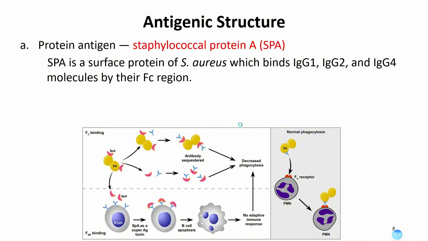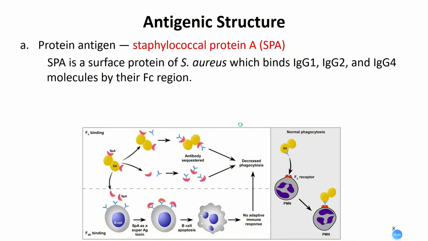And we learned before that this protein is able to bind to the Fc region of IgG1, IgG2, or IgG4, the important IgG molecules. So this is the IgG Fc region. The protein binds to the Fc region so that this antibody cannot work anymore.